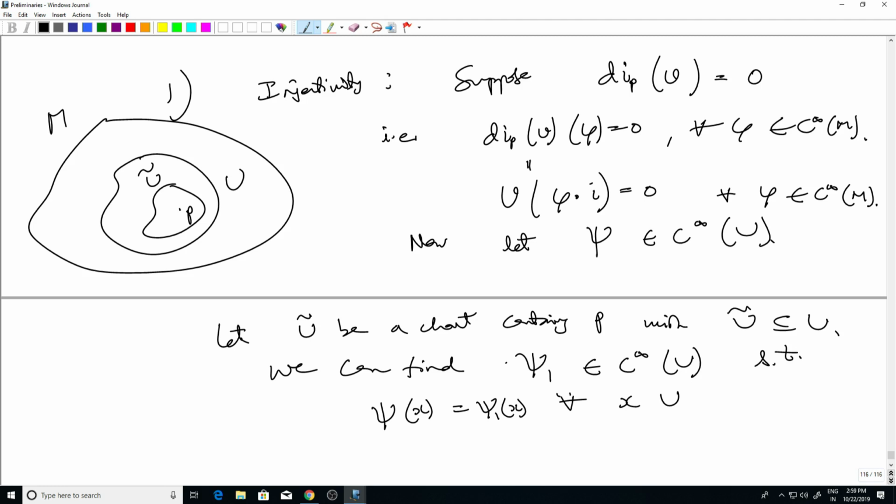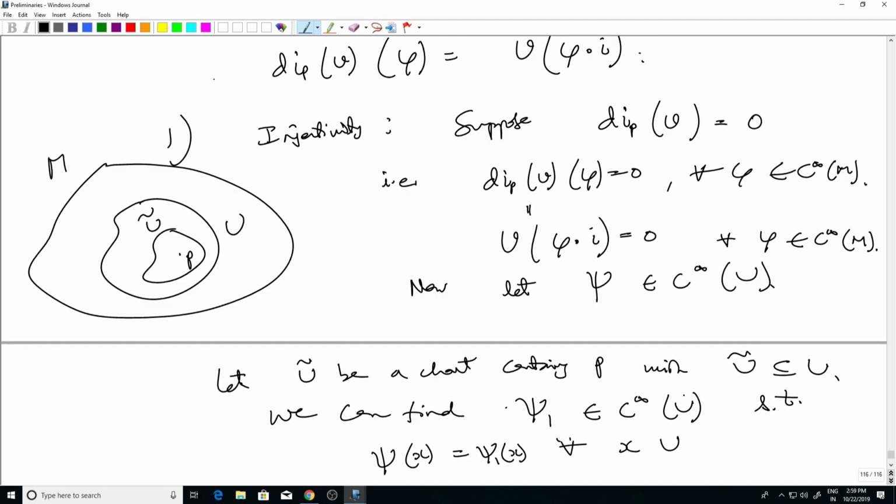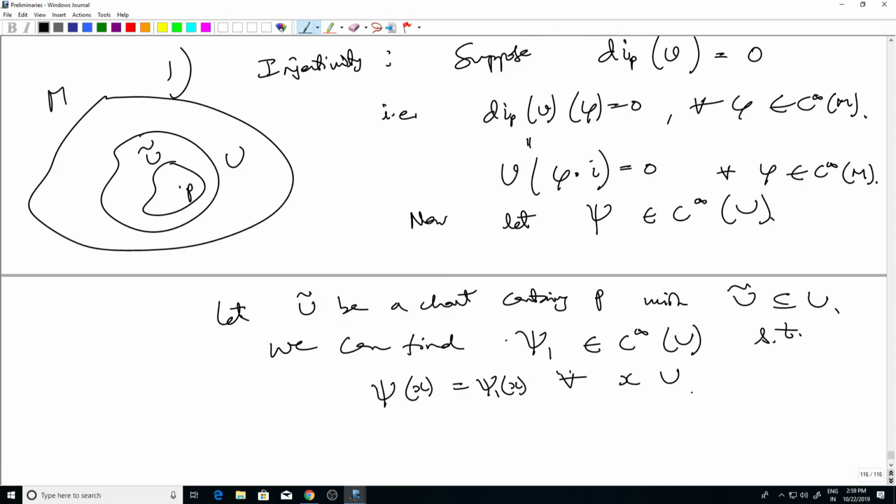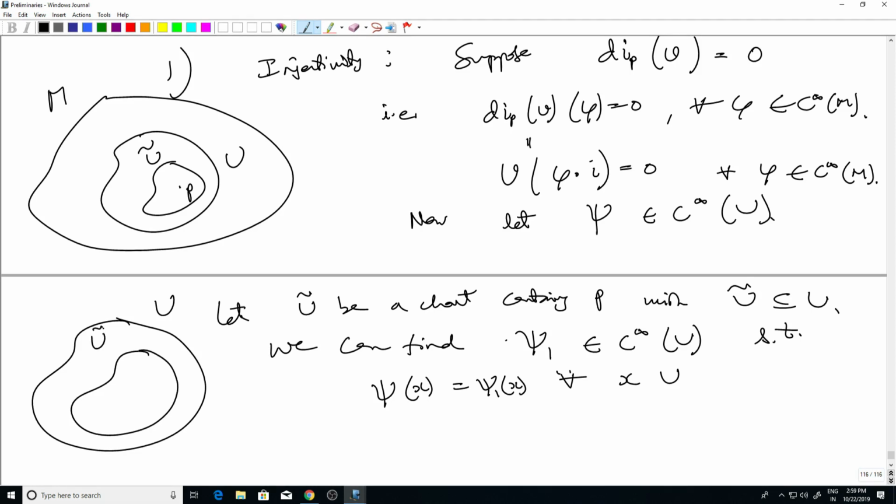Oh, actually, let me use the same notation that I had used earlier. So recall that I had this A and B. Let me just expand this picture a bit. So I have this U, I have this U tilde, then I have two more sets. The innermost set was A, and containing A was B.